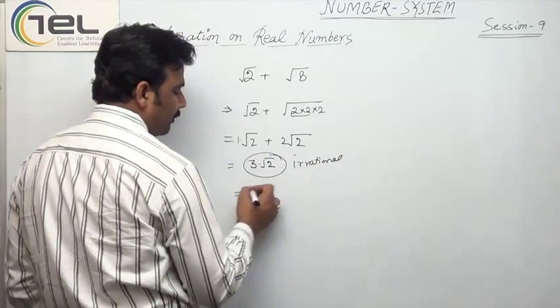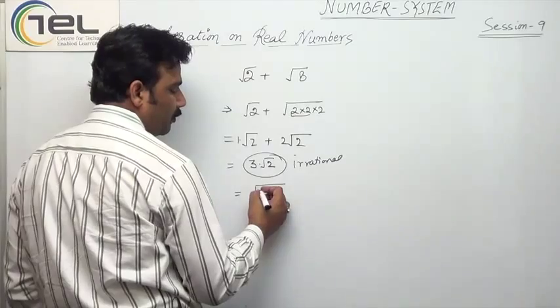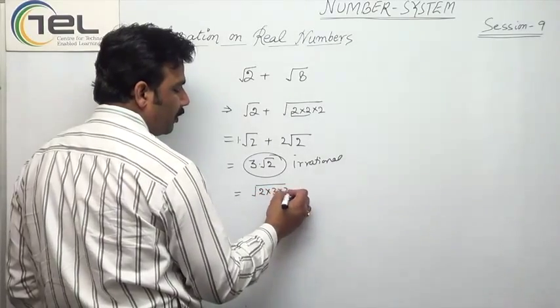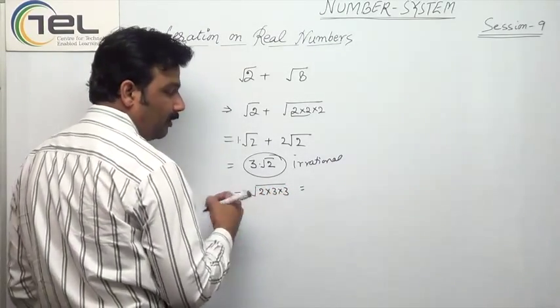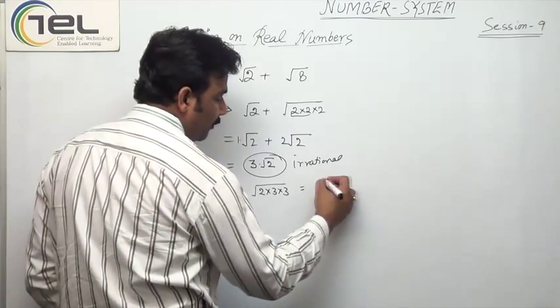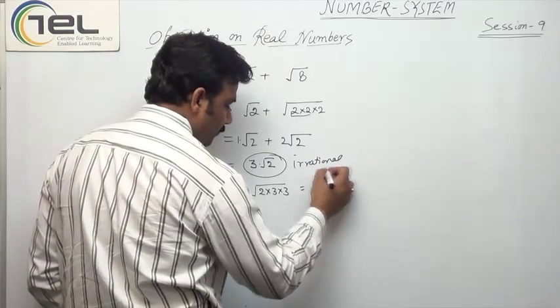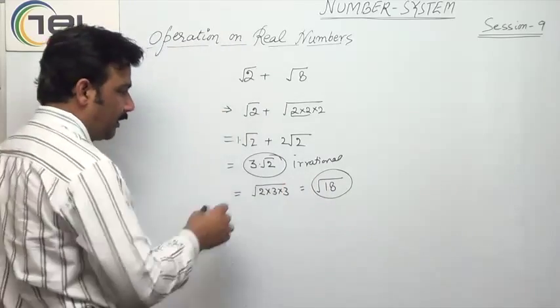Or I can write it like this: 3 times root 2 is the square root of 9 times 2, which is the square root of 18.